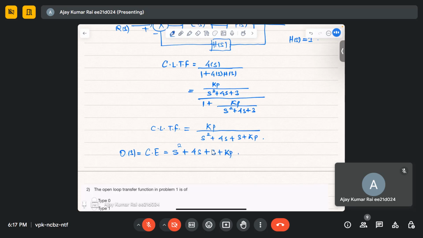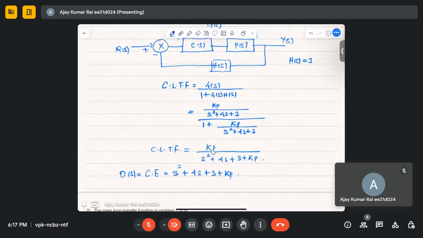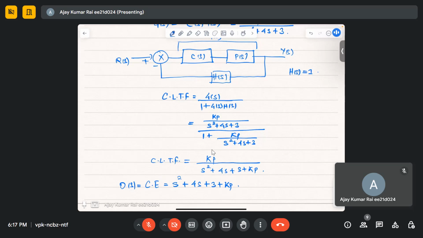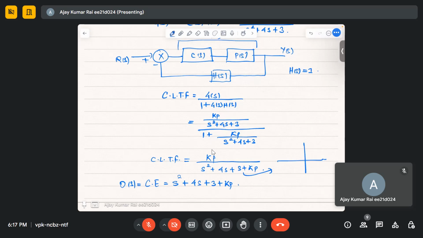For this closed loop transfer function to be stable, we want its roots, which are called poles, to lie in the left half plane, right?